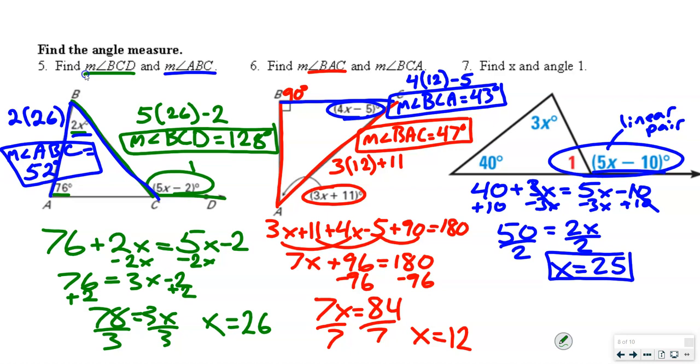So I'm plugging 25 in for x, so I know angle 1 plus 5 times 25 minus 10 equals 180. 5 times 25 is 125. Minus 10 is 115.